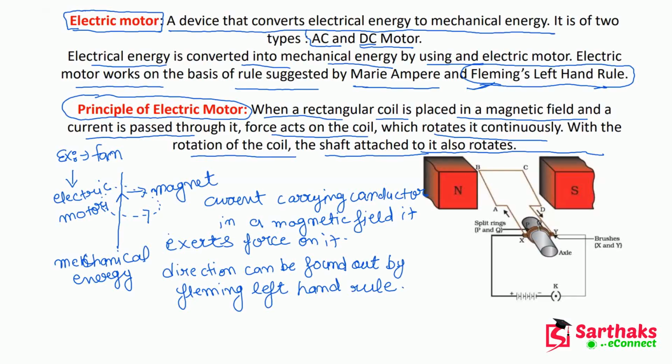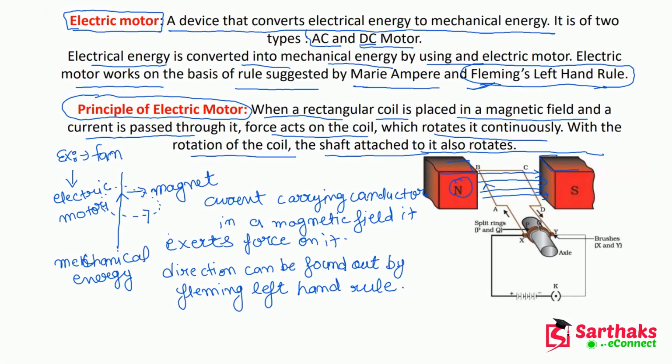So basically guys, this is a diagram where this is a magnet, this is the south pole of the magnet, and this is the north pole of the magnet. Now it has some magnetic field. Now if you place a coil in this magnetic field, let's suppose this is a current carrying coil, because we connect this coil with this battery.